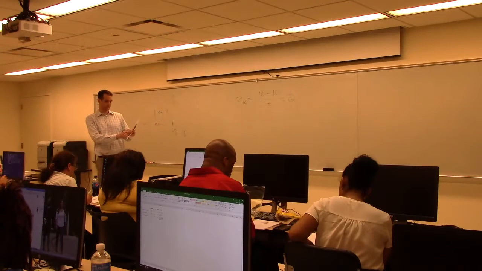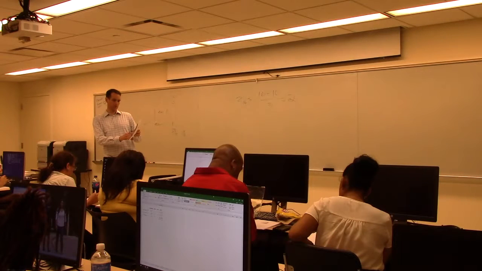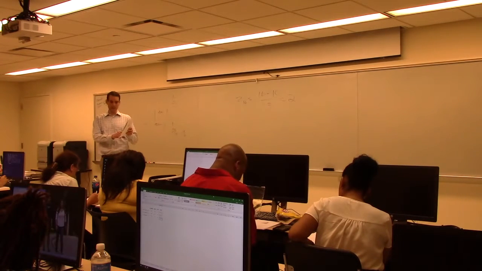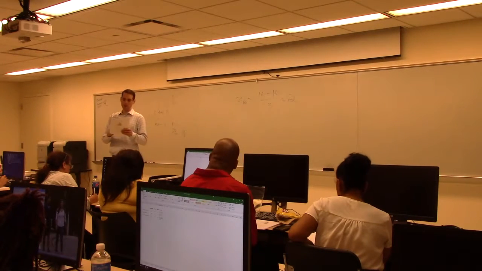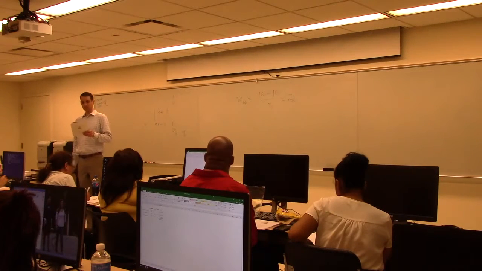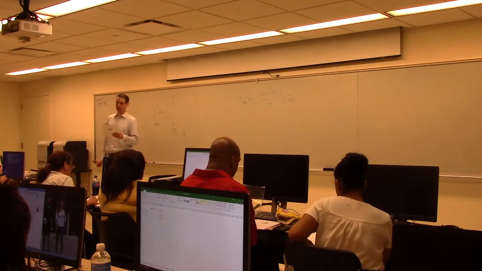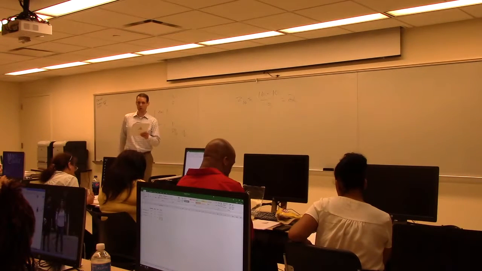I go down to 1.2 and go across to the right. 1.20 is the number I'm looking for. If I were looking for 1.29, I would go all the way to the right, but I'm just looking for 1.20. So I see 0.8849. What that tells me is that 88.49% of the data is less than a z-score of 1.2.